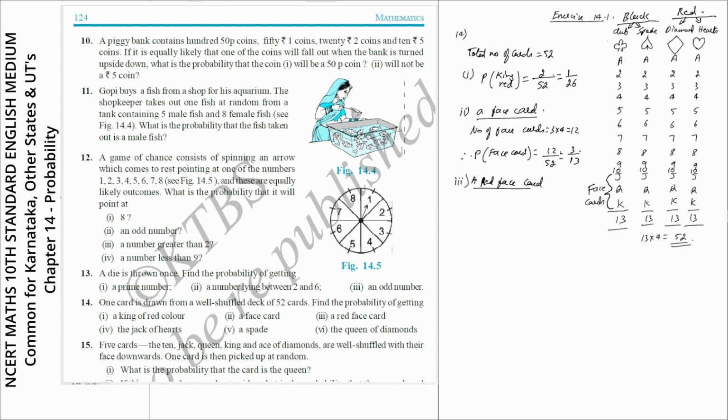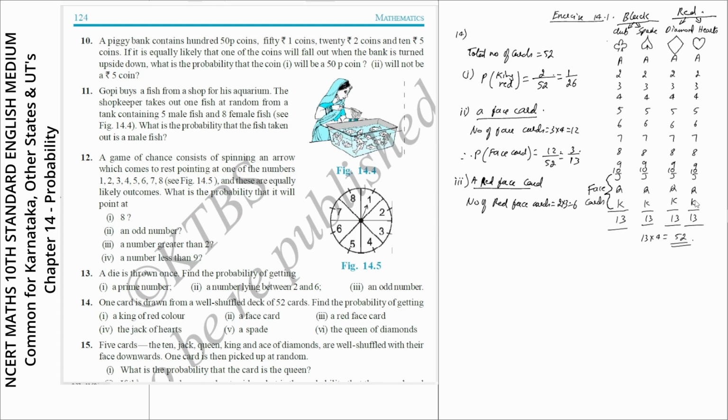Third sub question, what is the probability that a red face card is picked? So you can see the red face cards are there in diamond and hearts. In diamonds there are 3 red face cards, and in hearts there are 3 red face cards. Therefore number of red face cards is equal to 2 into 3 is equal to 6.